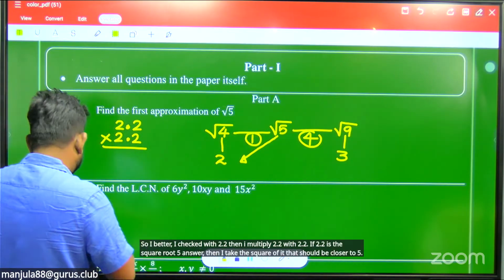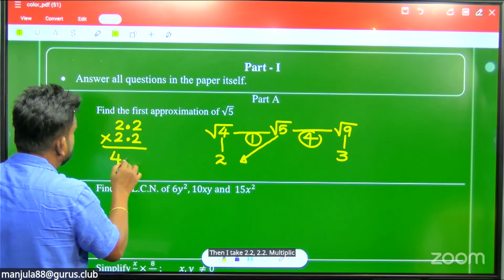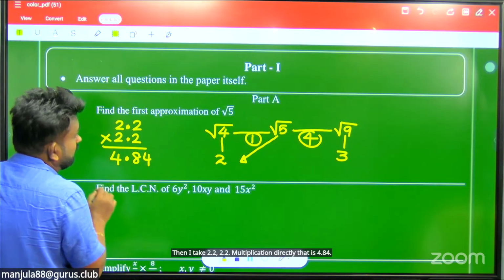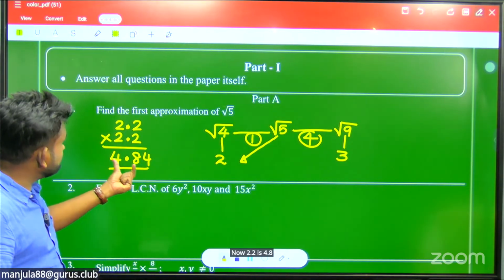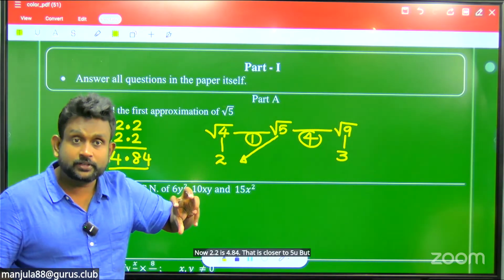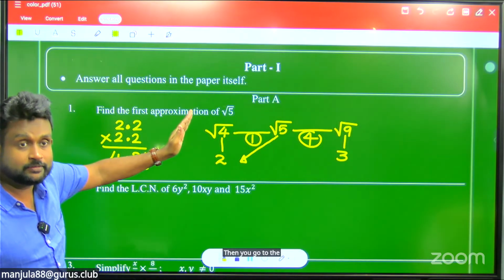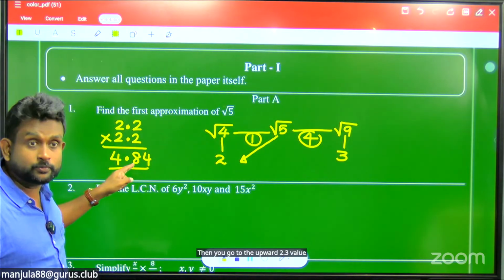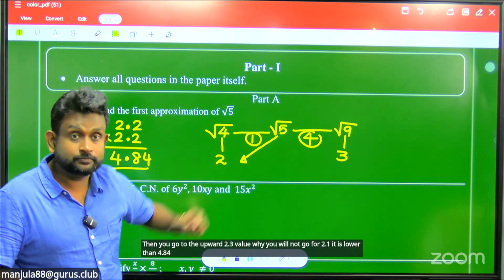Multiplying directly gives 4.84. This is closer to 5 but less than 5. Then you go upward to 2.3. You will not go for 2.1, because it is lower than 4.84, but we require 5.